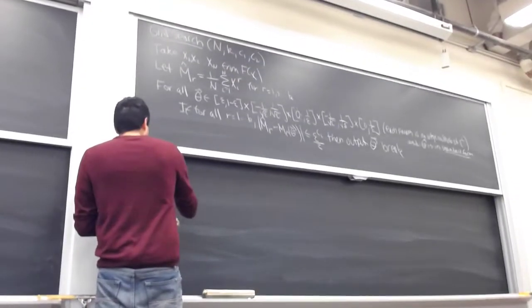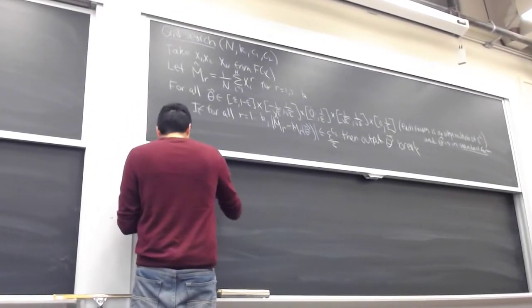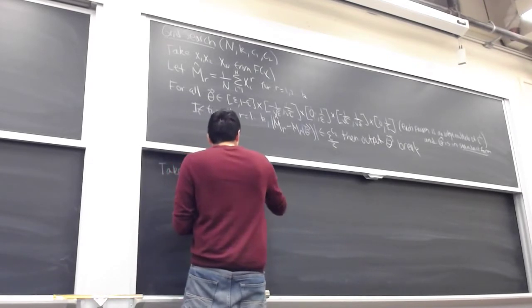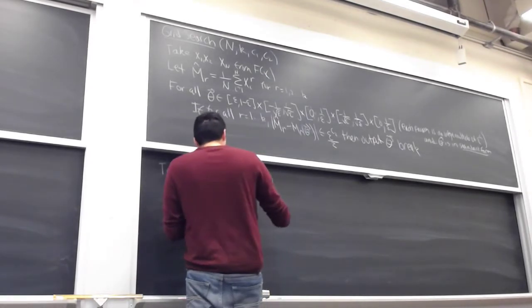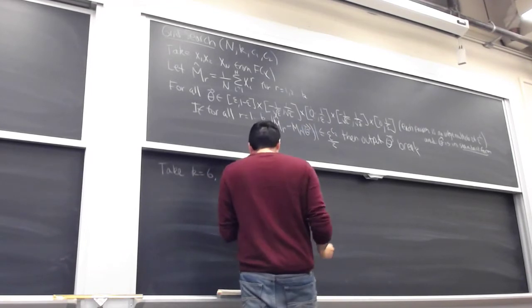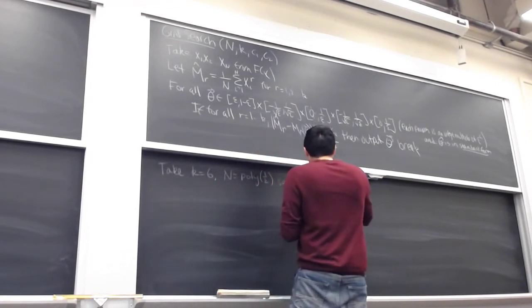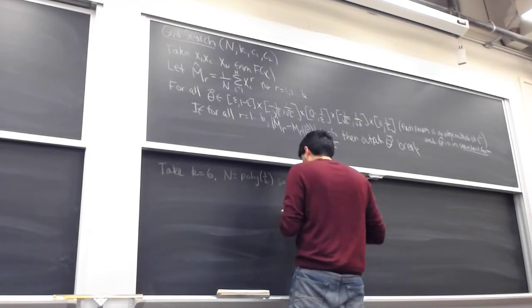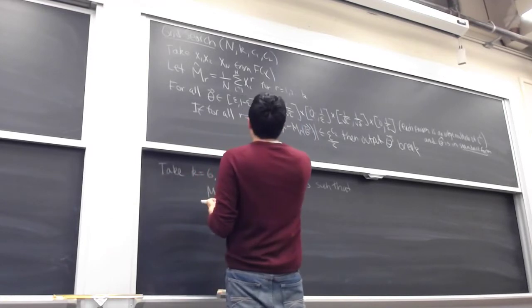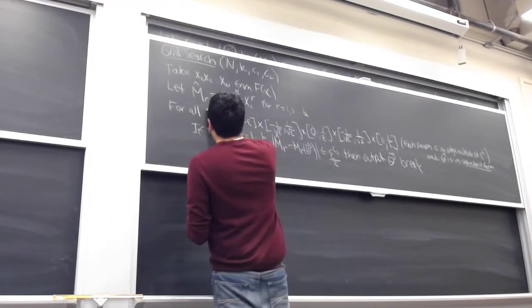So let's take k equals 6 and n equals poly in one over epsilon samples in our grid search. Actually, let me do the following.